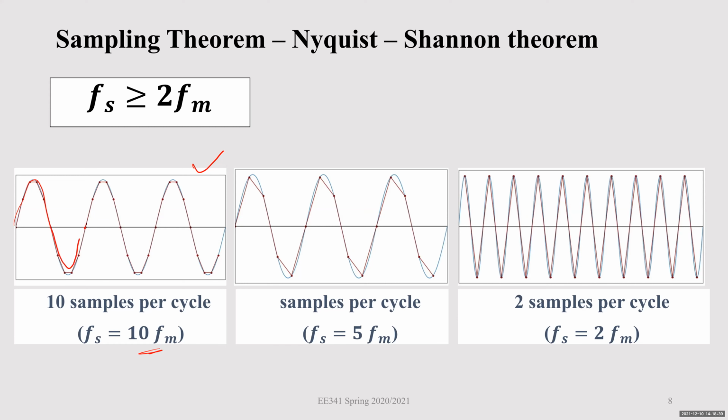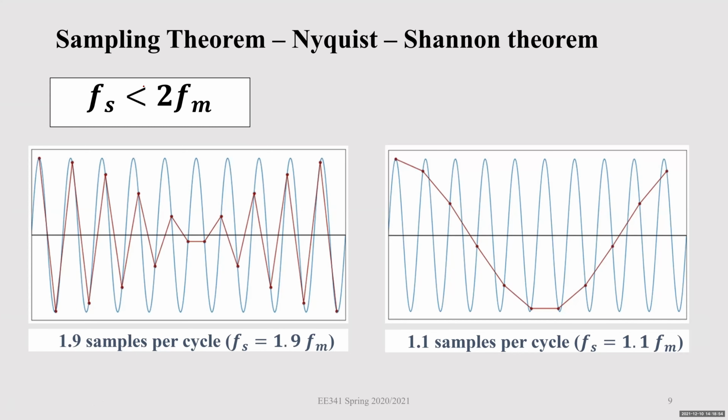One cycle is completing here. You see there are 1, 2, 3, 4, 5, 6, 7, 8, 9, 10 samples. Here in this case, in one cycle there are 5 samples, and here in one cycle there are 2 samples. So this is good. But here, when Fs is less than 2 FM, you see the number of samples is very low in one cycle. So here information is being lost.